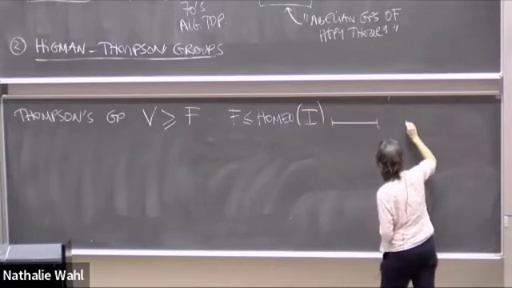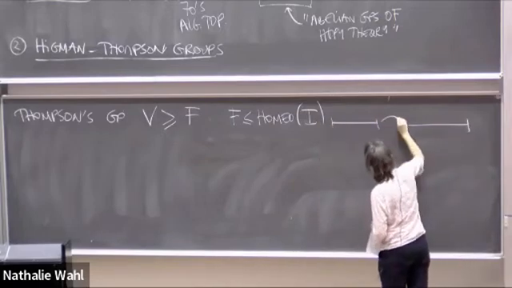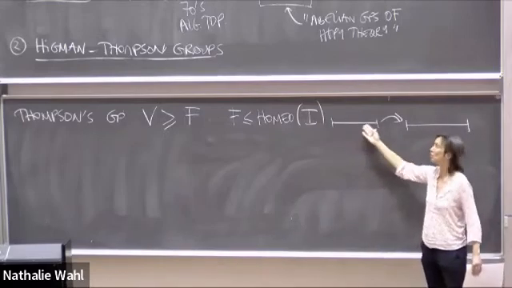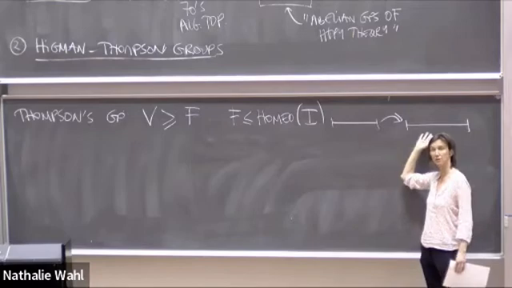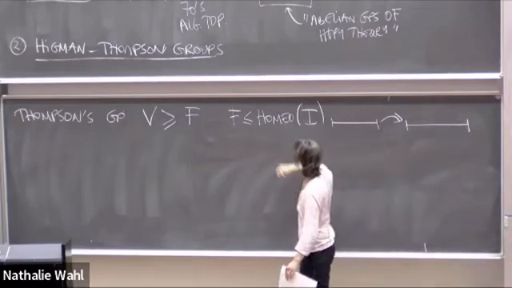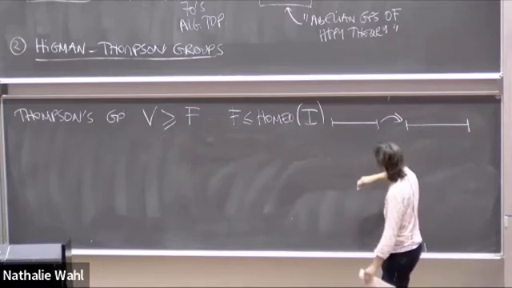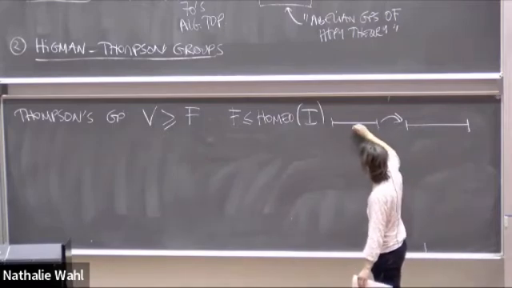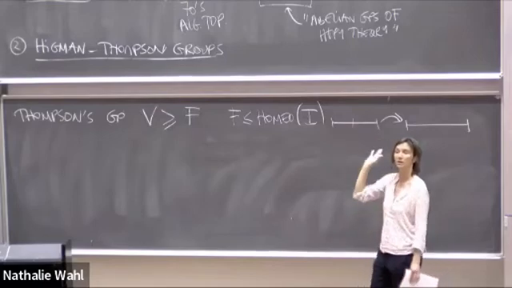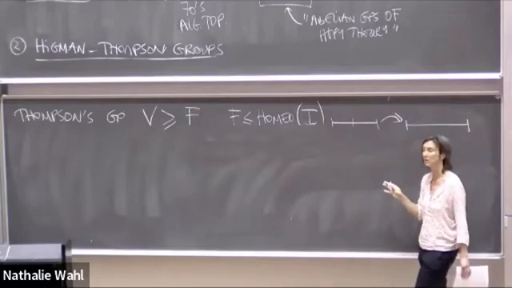So if I have an interval, and here's a copy of it, I would like to give you a homeomorphism from the interval to itself. And F will be the subgroup of homeomorphisms that are obtained by first subdividing the interval in a binary manner as many times as I like.